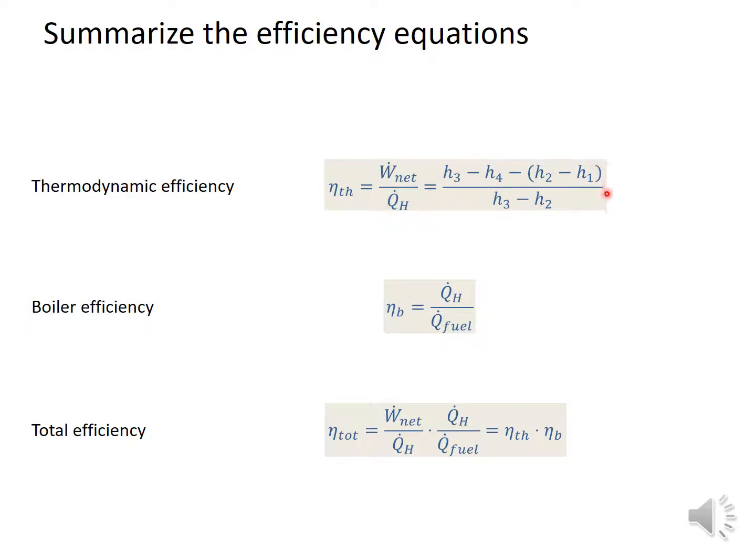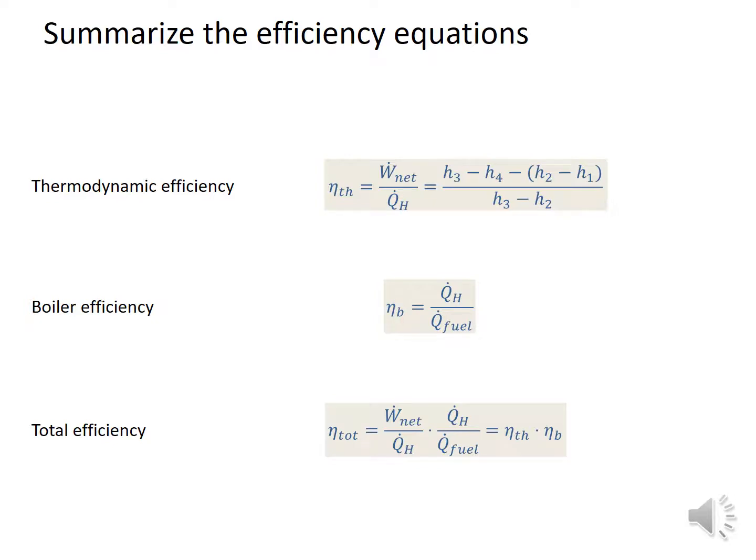We term this in terms of enthalpy, and so this equation basically takes into account everything. But we did also have this boiler efficiency, where we said that the heat that goes into the cycle divided by the fuel heat is what we term the boiler efficiency.